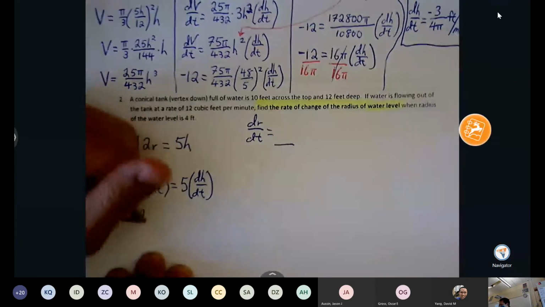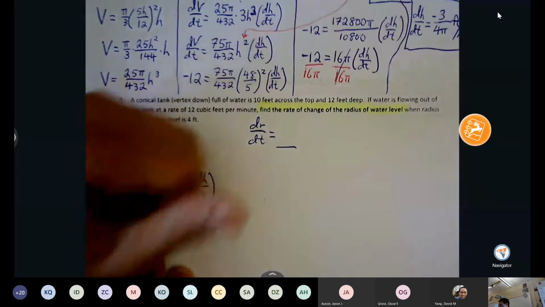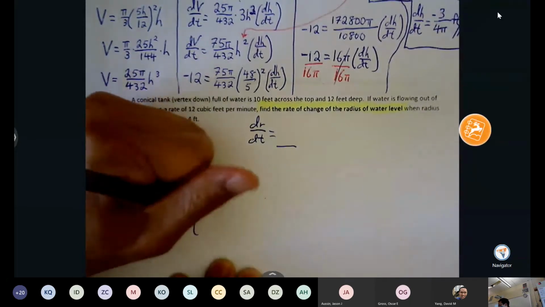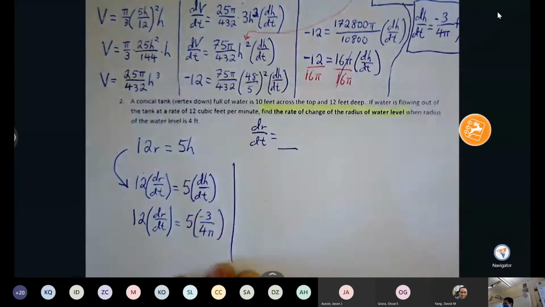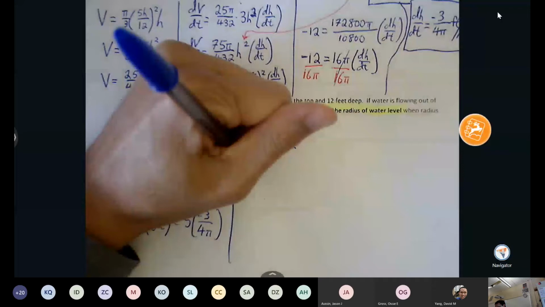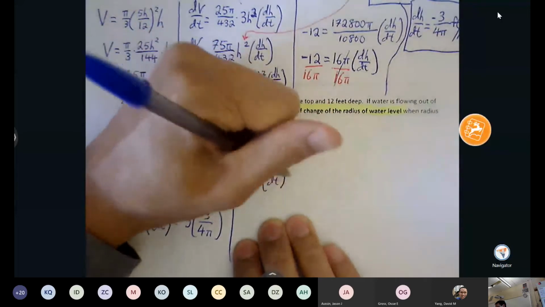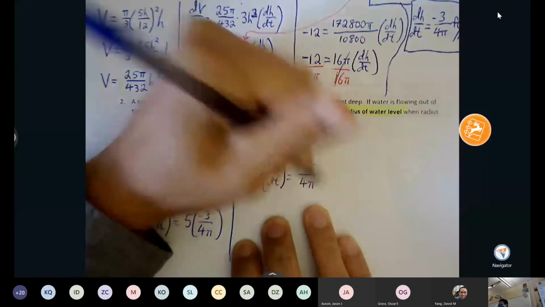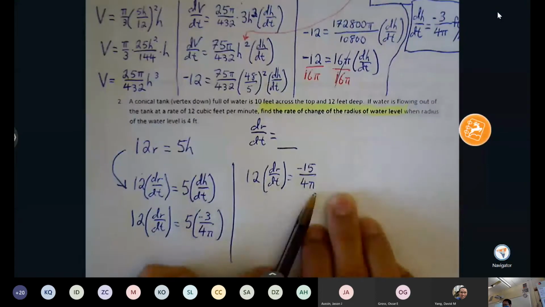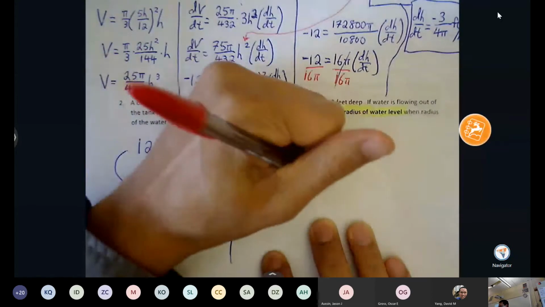So 12 dr dt. Divide both sides by 12. That's the same thing as multiplying by 1 over 12, right?